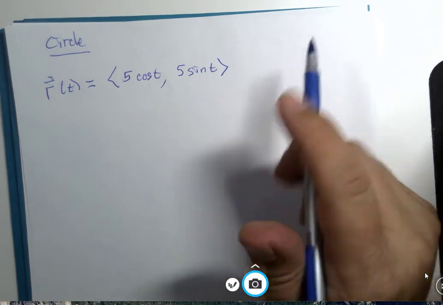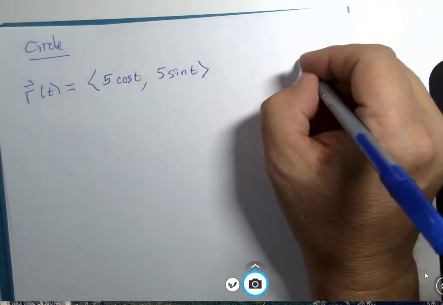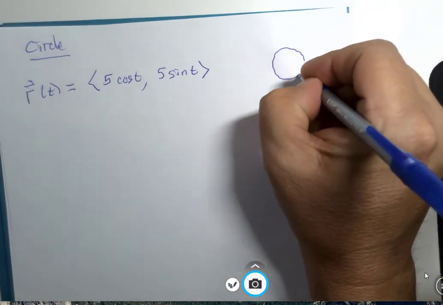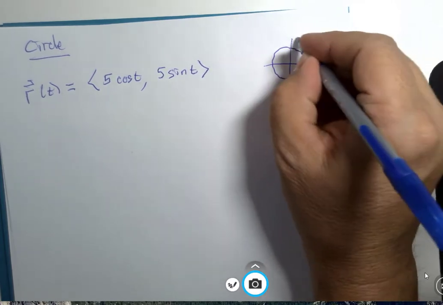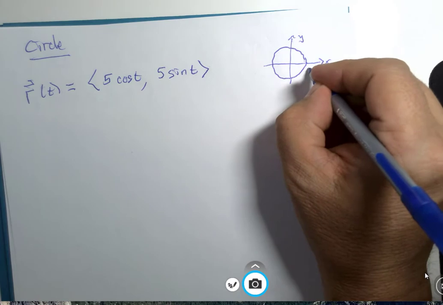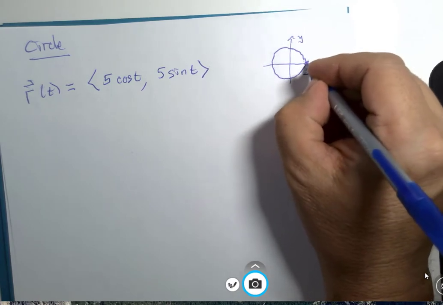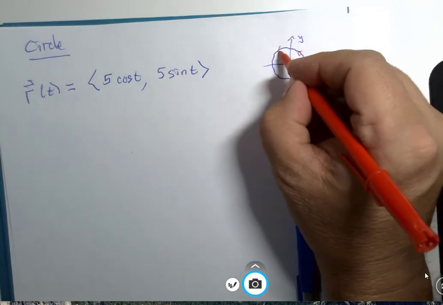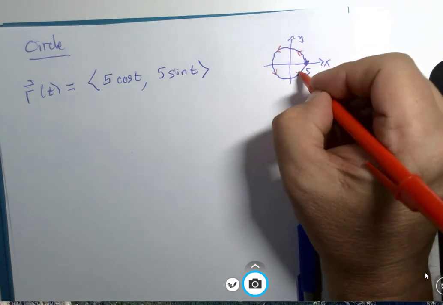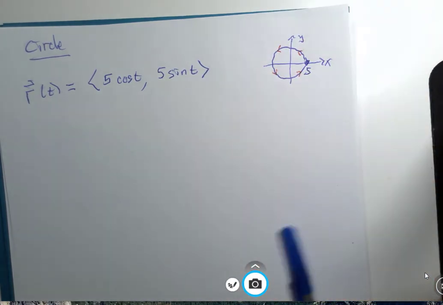So this is a circle. It happens to look something like this. If we were to create x and y axes, it would have a radius of 5. It would start here and it would go in this direction if we plotted the points. Those are all concepts from the early part of the chapter.